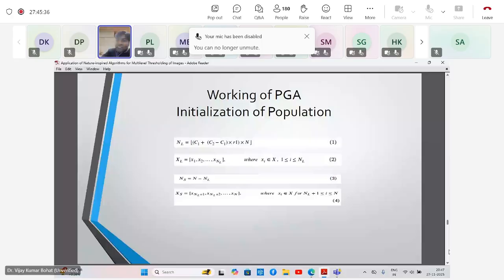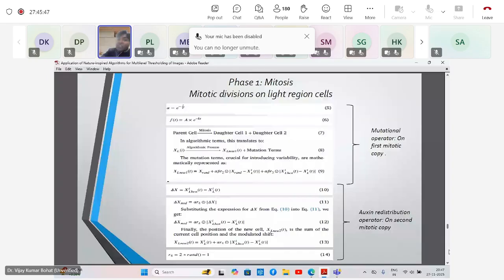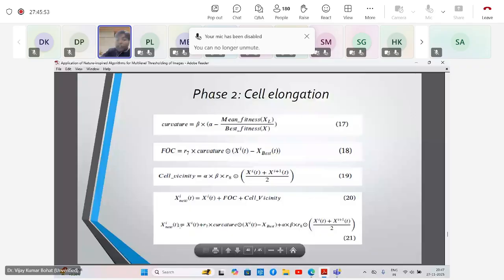We consider light region cells are having more fitness compared to shaded region cells. And then we generate two daughter cells for each cell. Okay. Also, for every cell, a new solution will be created through the cell elongation phase. This is also applicable for every cell.